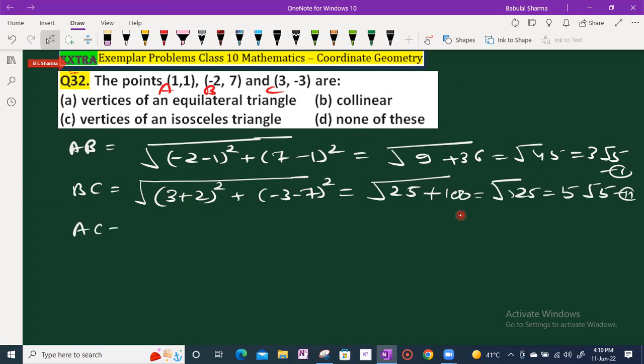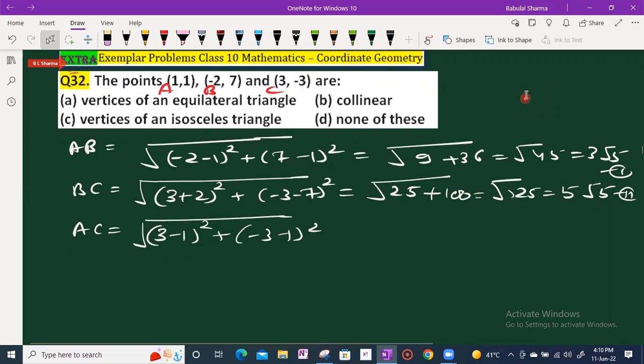And now AC distance, A is 1, 1 and C is 3, minus 3. So using again the distance formula, 3 minus 1 whole square plus minus 3 minus 1 whole square. See, x2 minus x1 whole square, y2 minus y1 whole square.